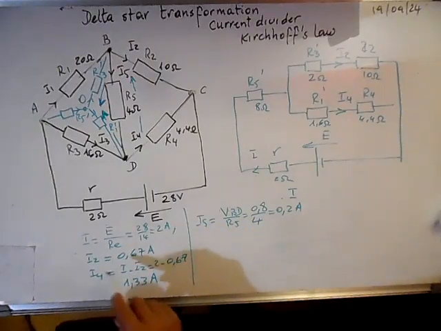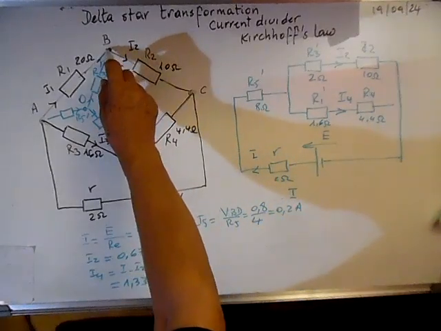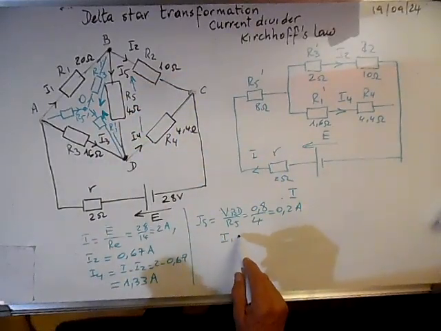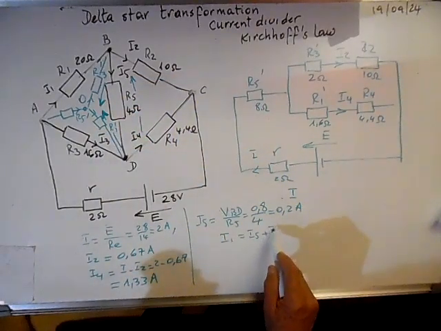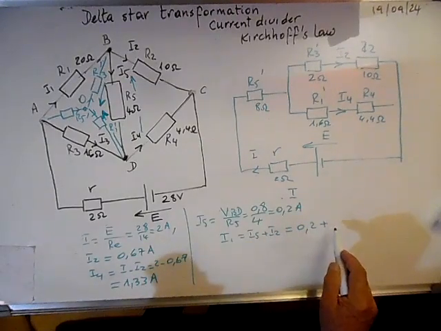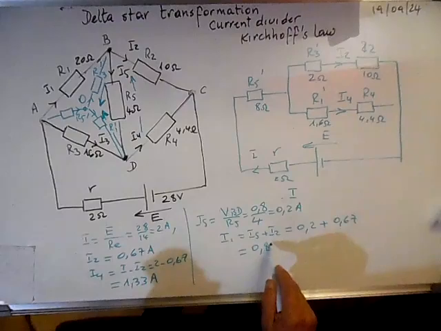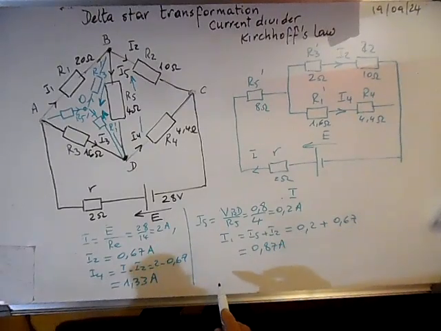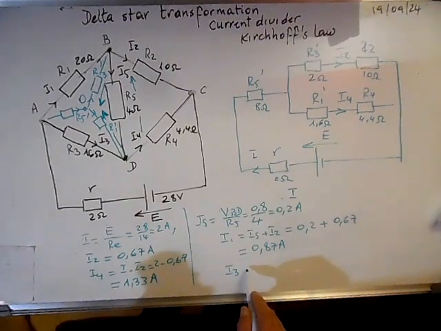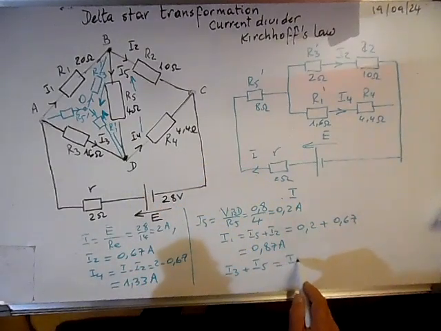We have calculated I5, I2, and we are left now to calculate I1 in this node. We have I1 is equal to I5 plus I2. It means that I1 is equal to 0.2 plus I2 0.67, so it means I1 is 0.87 amps. And we're left now to calculate I3. In this node D, I3 plus I5 is equal to I4.